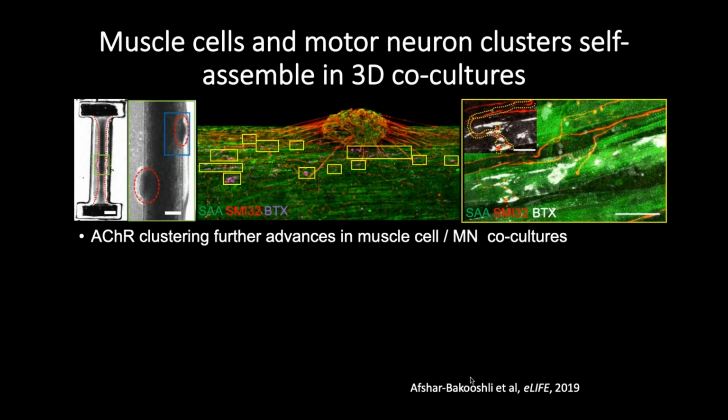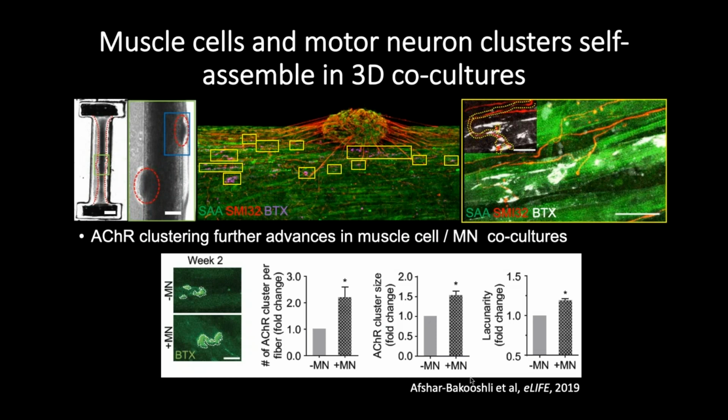This makes sense because we know that neurite contact with muscle fibers is involved in the further maturation of acetylcholine receptor clustering. We can quantify this, and we can see that in the presence of motor neurons in the checkered bars, we have a greater number of acetylcholine receptor clusters per fiber in the left graph.